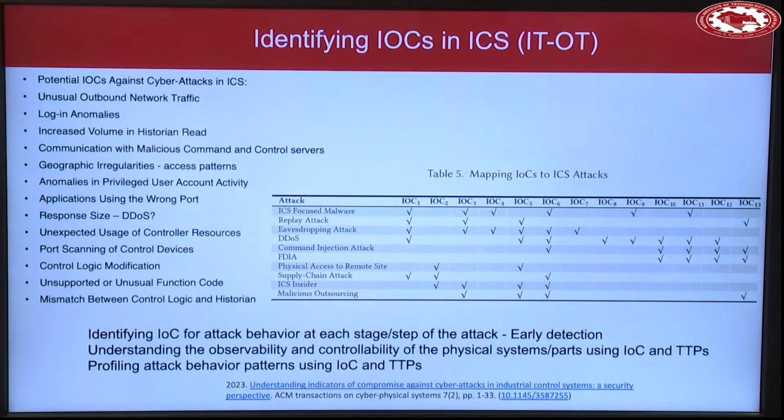Right. So what could be the potential indicators in IT/OT systems? If I give some examples, unusual outbound network traffic. Sometimes what is happening is an example of insider threat, for example, people sitting in the company sending out some data of the company.